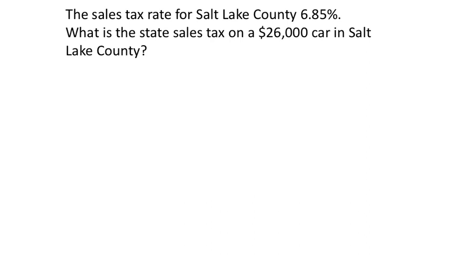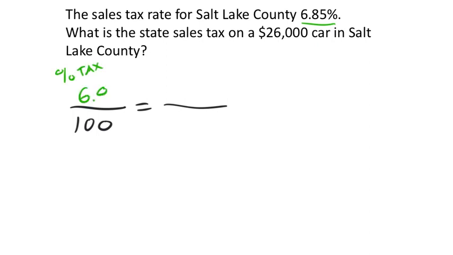So let's set up a percent proportion, always out of 100. They did give us the percent, 6.85%. So this is the percent of the tax, which is 6.85. Okay, so that sets up that first fraction for us. Of course, the 100 is always there. But then they say that the car is the overall value, the whole value for this one.